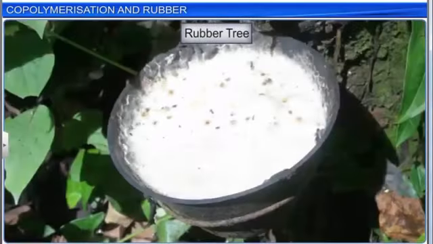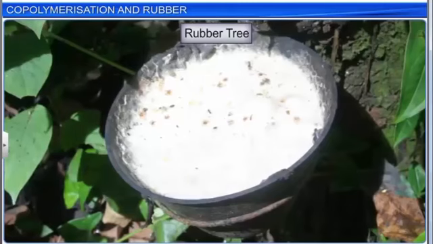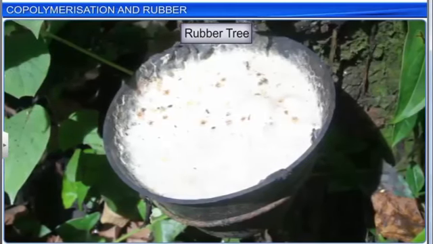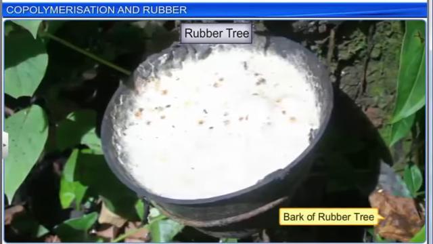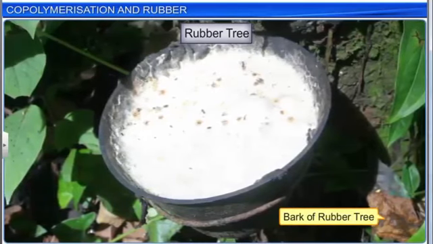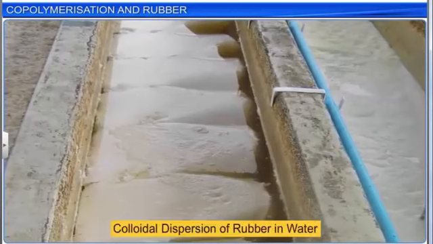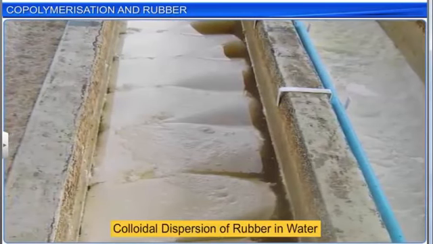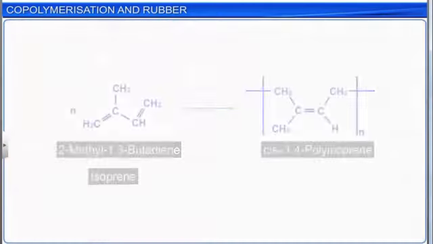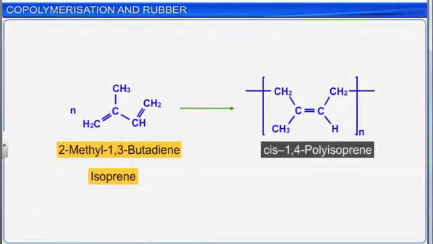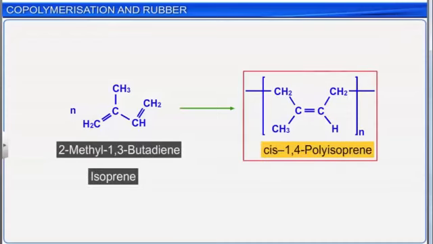Natural rubber is a polymer with elastomeric properties. It is obtained from the bark of the rubber tree in the form of latex. Rubber latex is a colloidal dispersion of rubber in water. Isoprene, 2-methyl-1,3-butadiene, polymerizes to form cis-1,4-polyisoprene, which is natural rubber.